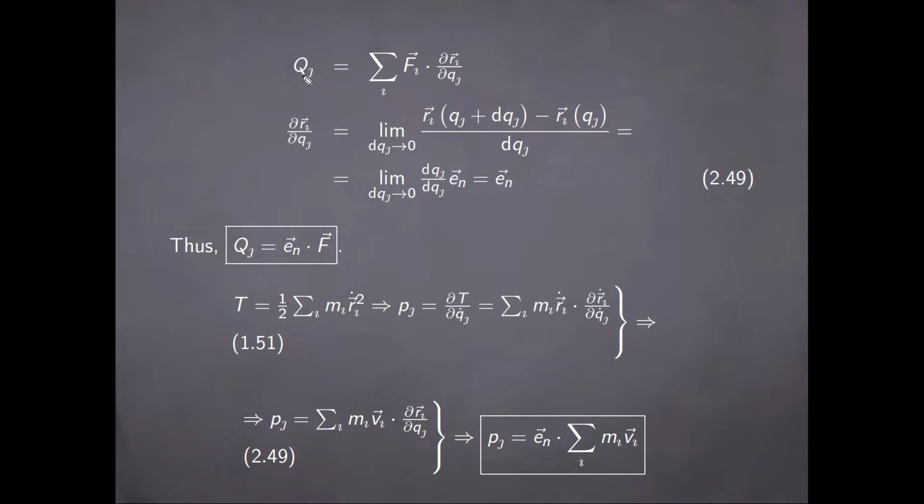Now, we know that by definition this component is equal to a sum over all the particles in the system of the dot product between the force applied to particle I and the partial derivative of particle I's radius vector with respect to the generalized coordinate qj.